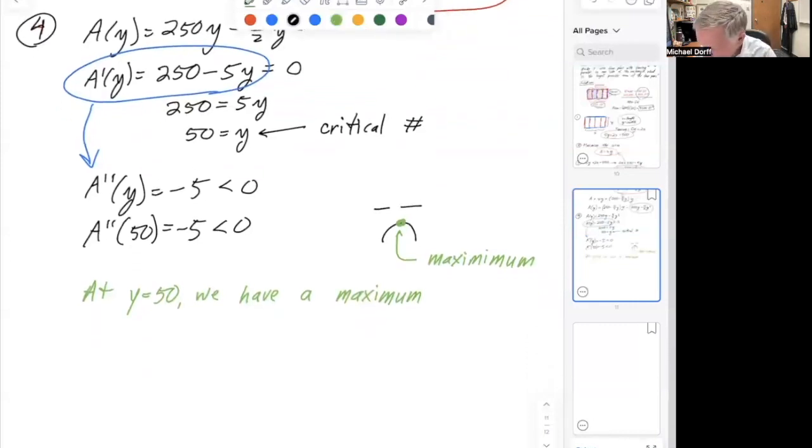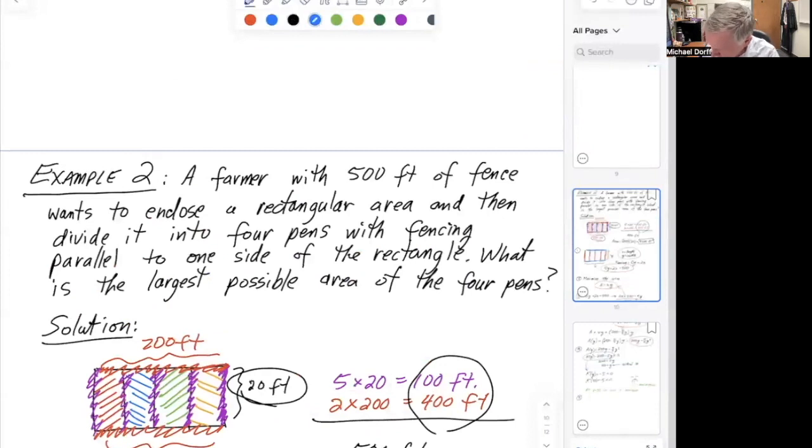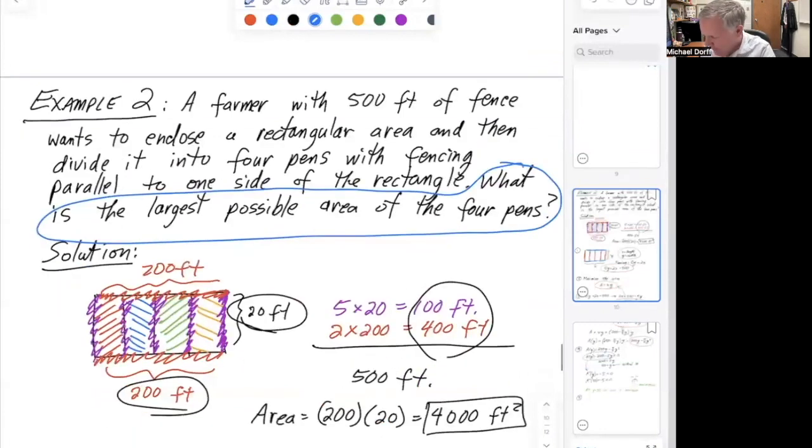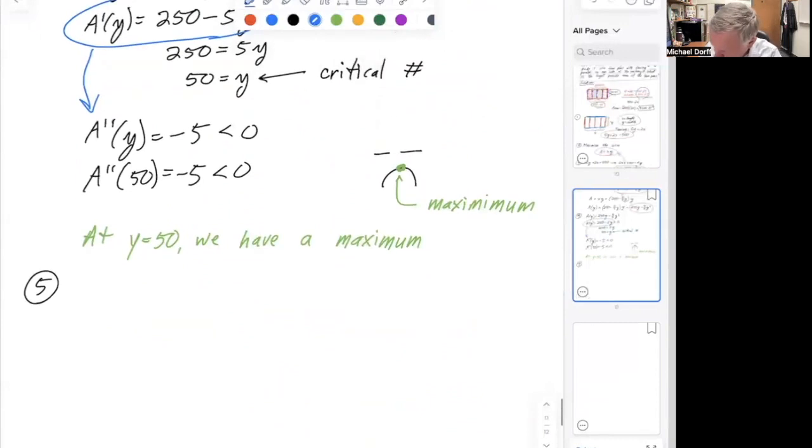Okay, so last step is to answer the question. What was the original question we had? Well, going back here, circling this, the question is, what's the largest possible area of the 4 pens? All right, we figured out y. We have y equals 50, and that's going to be in feet.